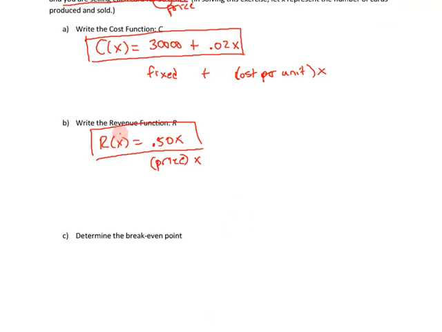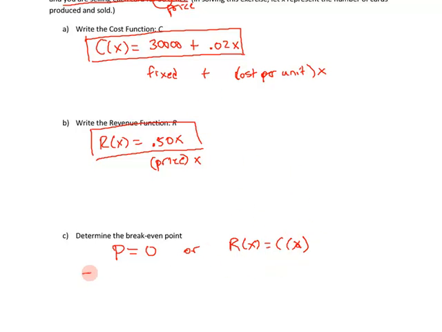Now we are asked to determine the break-even point, right? The break-even point is when the profit is equal to 0, or another way of thinking of it is when your revenue is equal to your cost. Okay, so set these two functions equal to each other. So I'm substituting them into this equation right here.